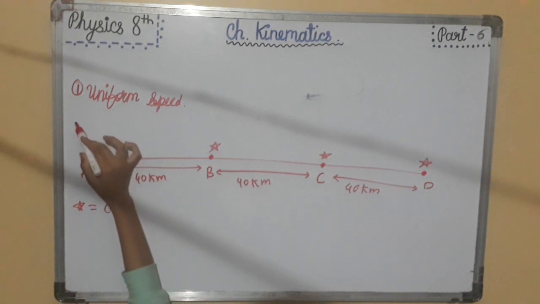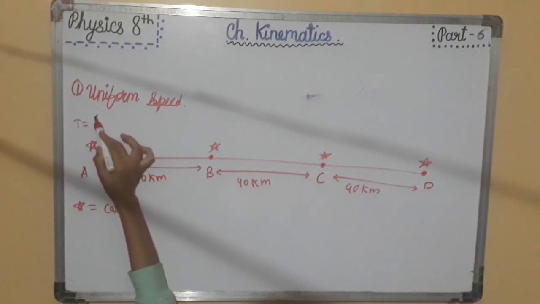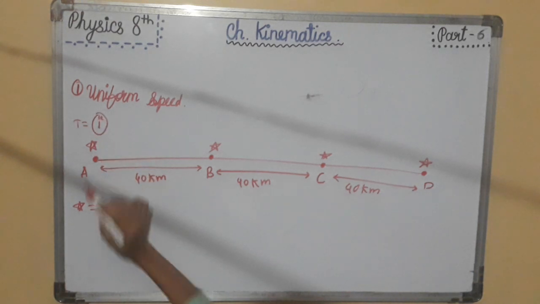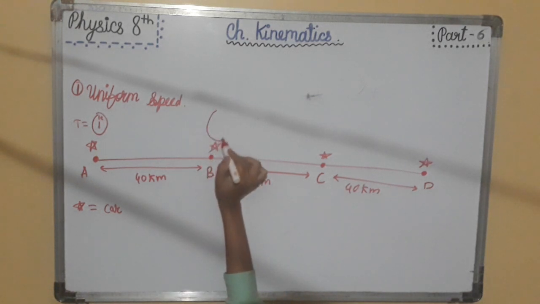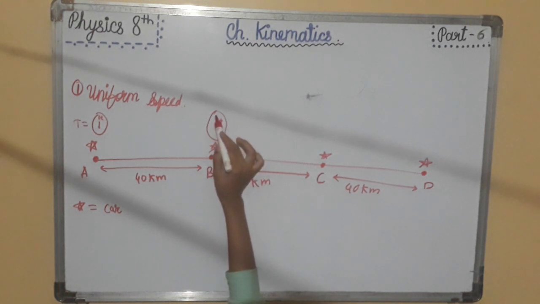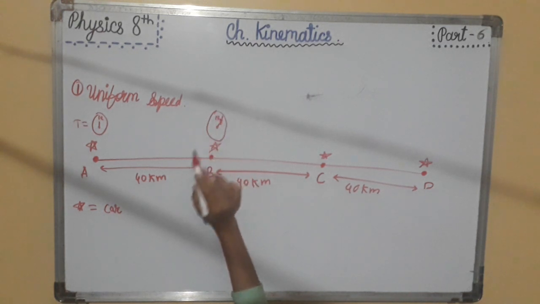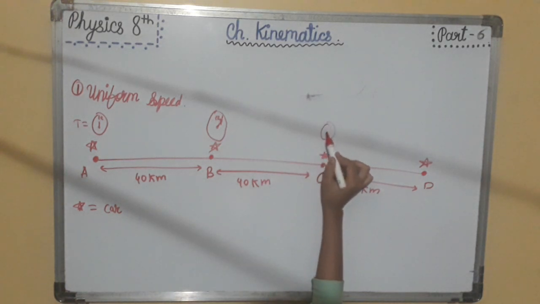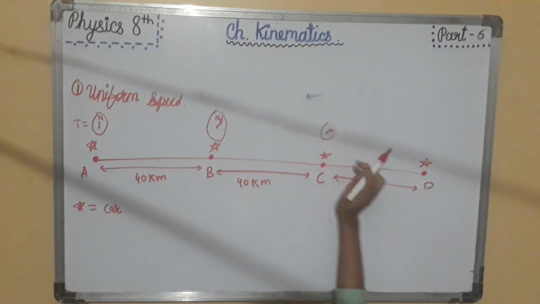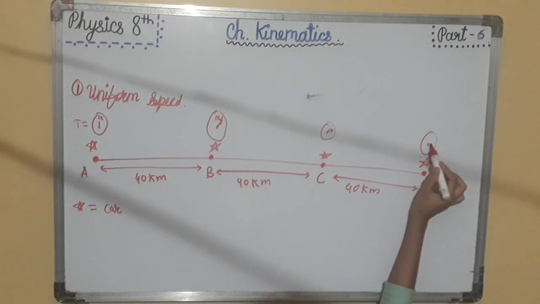Here the time is given. The first time at the car's position is 0, afterwards it is 1, afterwards 2, and after that 3.